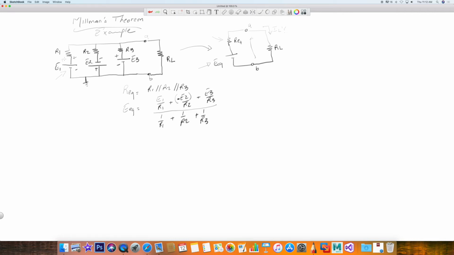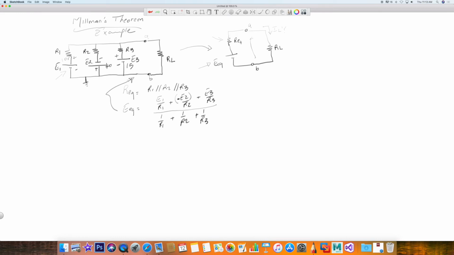So if this was 10 volts, 40 volts, and let's say 15 volts, then you would do 10 minus 40, and this will be 15. Okay? So that is how you solve for E equivalent, which in this case would be VAB, okay?